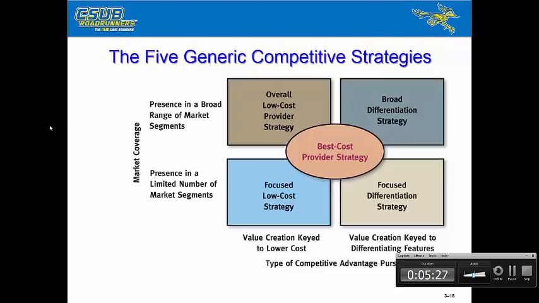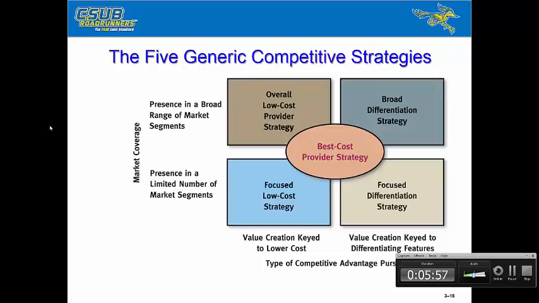So in your textbook, and relevant for not this exam but the next exam, there are some other competitive strategies besides just low cost, and there's nuances besides just low cost and differentiation. There's broad or overall low cost, or broad or overall differentiation, and focused differentiation or focused low cost.